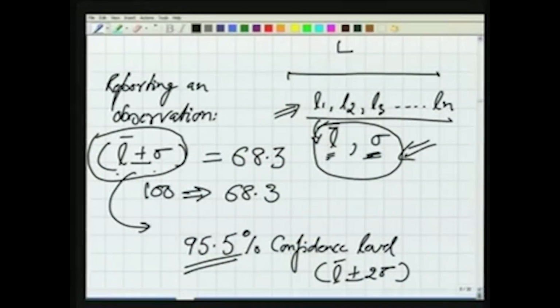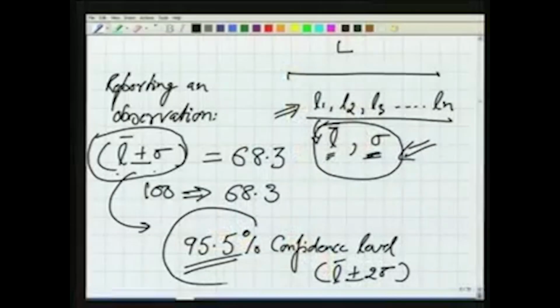The normal distribution curve of the population is defined by these two. Then if you take a little set from that population, the mean of that sample will, 95.5% of the times, be within this, while this is for the population. So for any set you take, this tells you about your confidence about your observations, and this is how we report our observations.